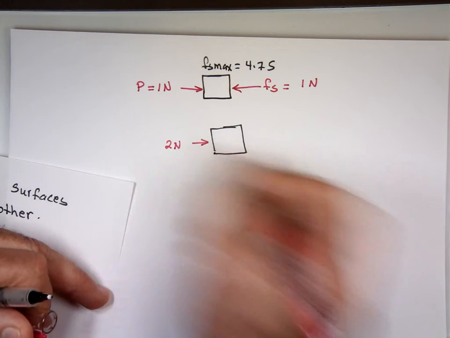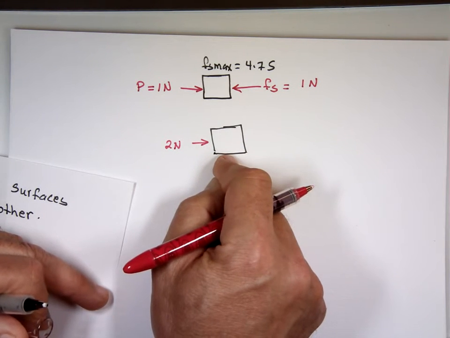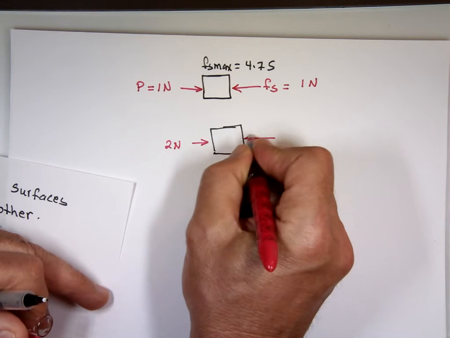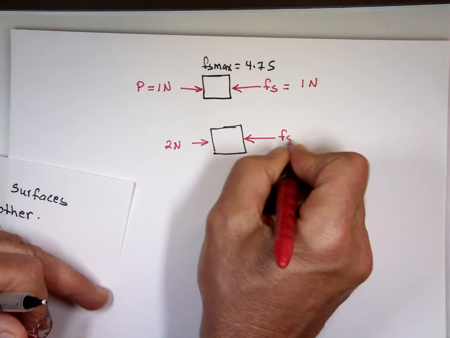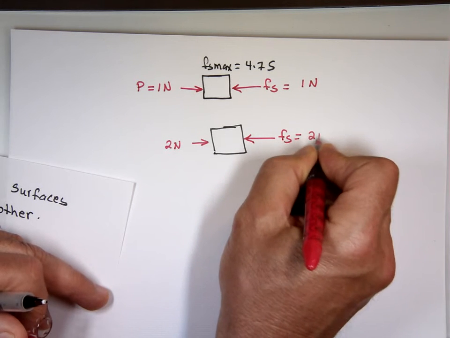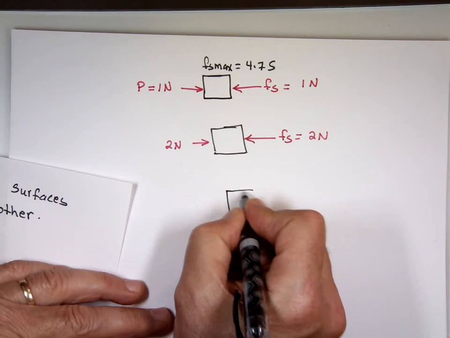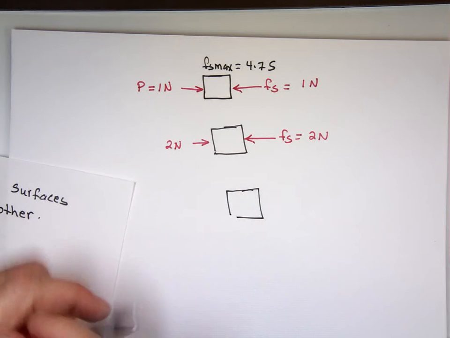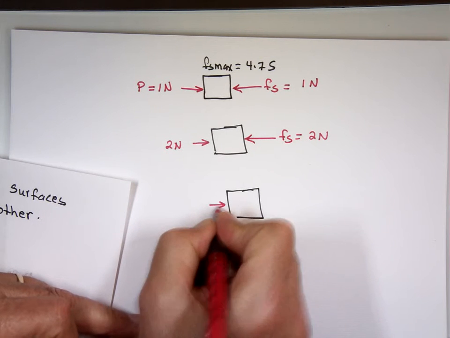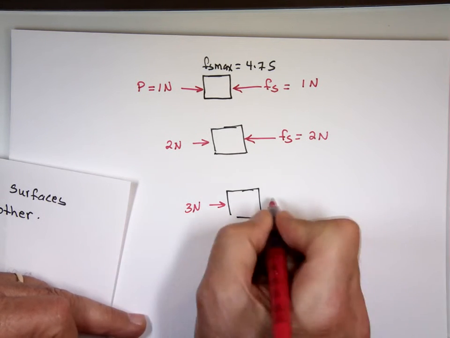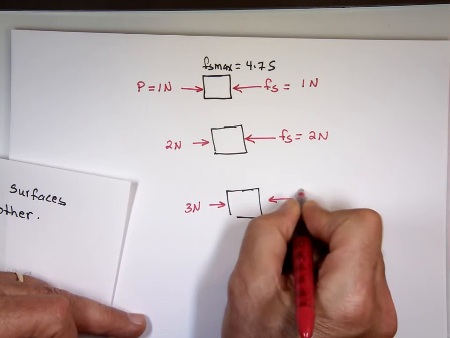No. There's a static friction pushing backward, blocking it from moving, and the value of that is also 2 Newton. If I push on it with 3 Newton, is it going to move? No. And there'll be a static friction equal to 3 Newton.